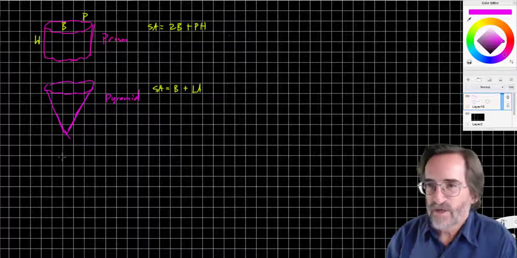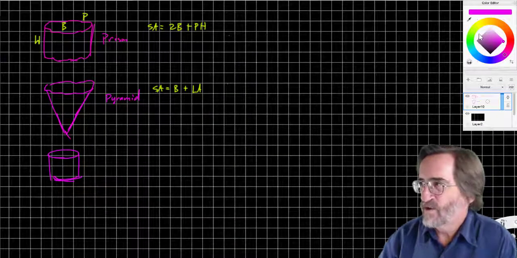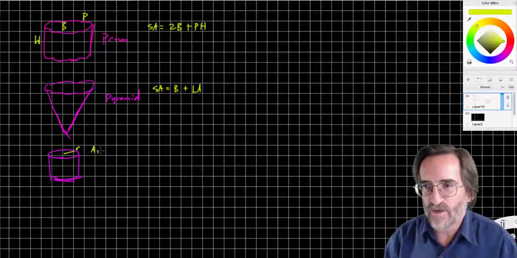We also defined a cylinder as a circle pulled through space. The area of the base is a circle with radius r, so the area of the base is pi r squared.